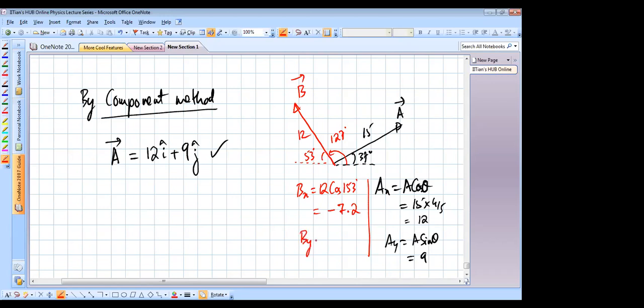And the y component 12 sin 127. Sorry, 127, not 153.